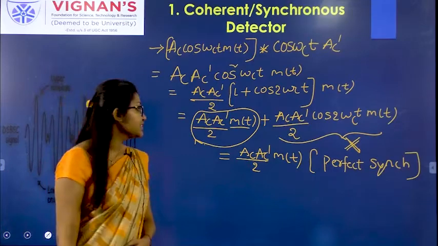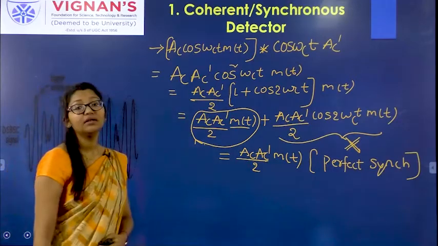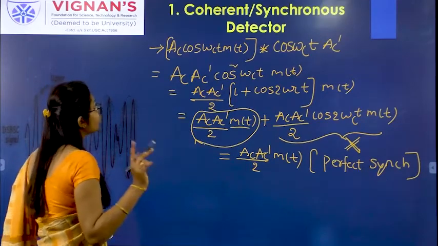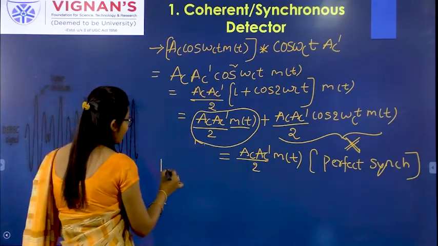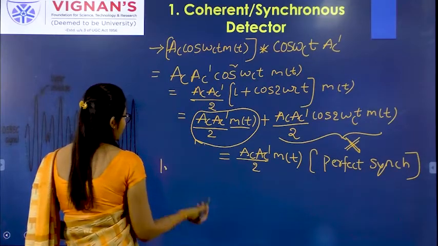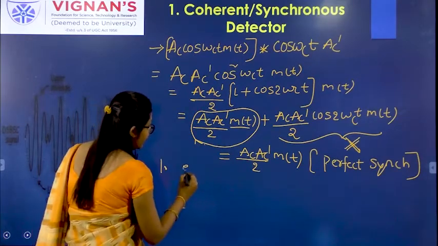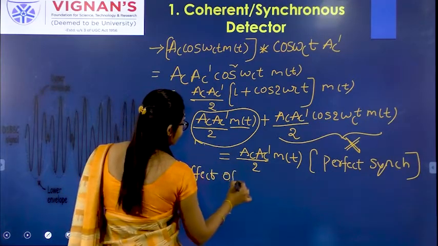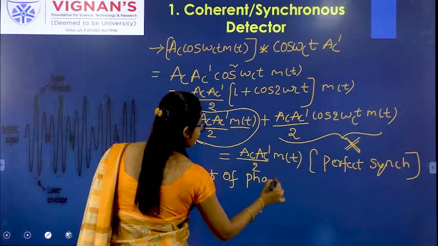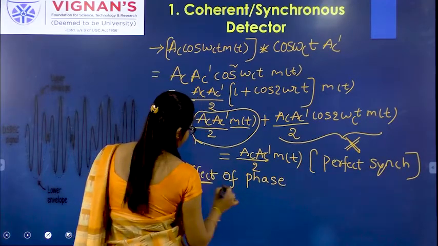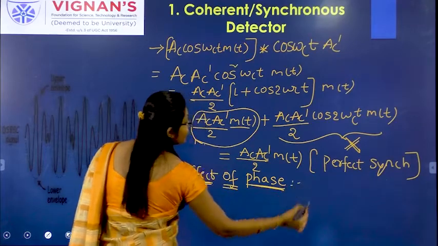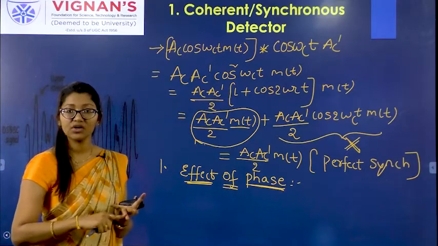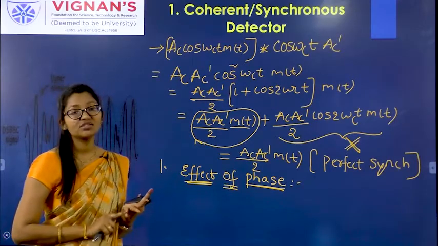Right? So now we will see what will happen if there is no perfect synchronization. So we can consider two cases. First, case 1, effect of phase. I told you frequency and phase should be synchronized. So what will happen if the phase is not synchronized?